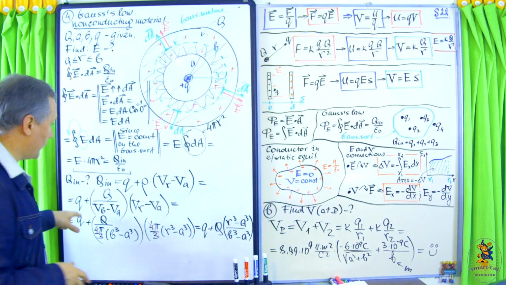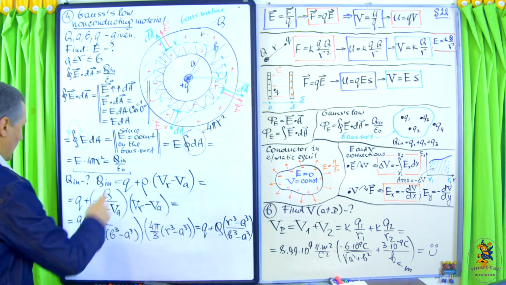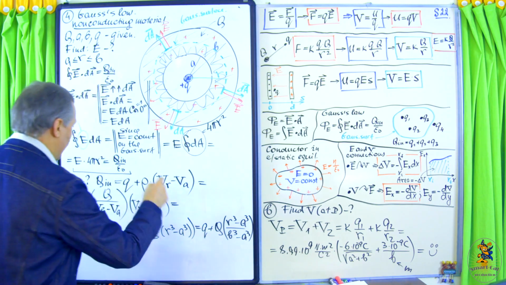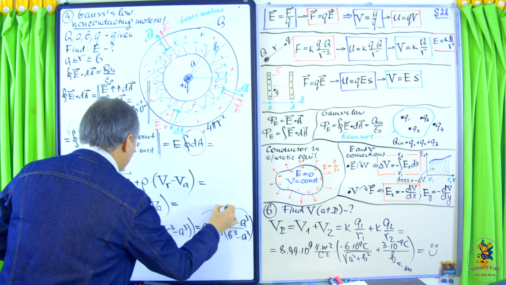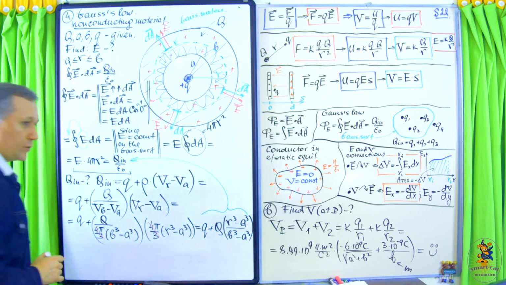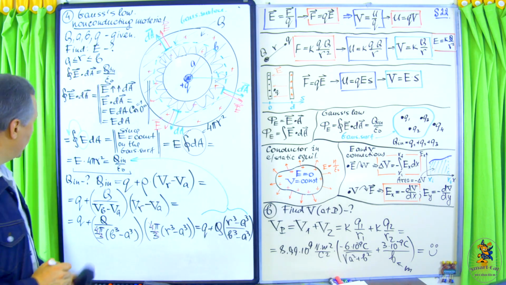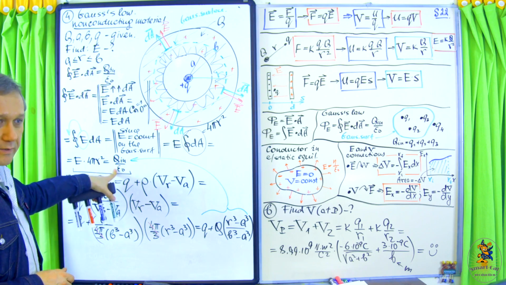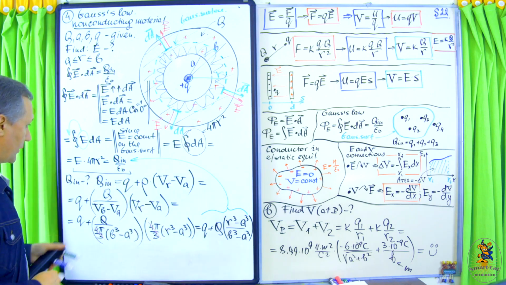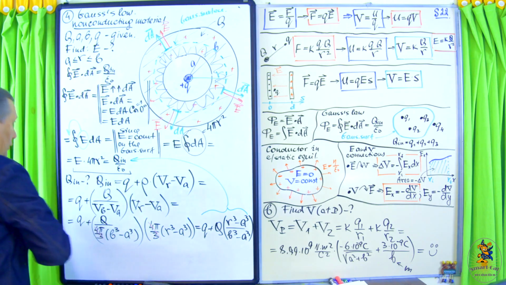So now we found Q in, and now we just need to plug it into our Gauss's law and finish the problem. We will have to just move this 4 pi r squared to that side downstairs and solve it for E. And you know what?